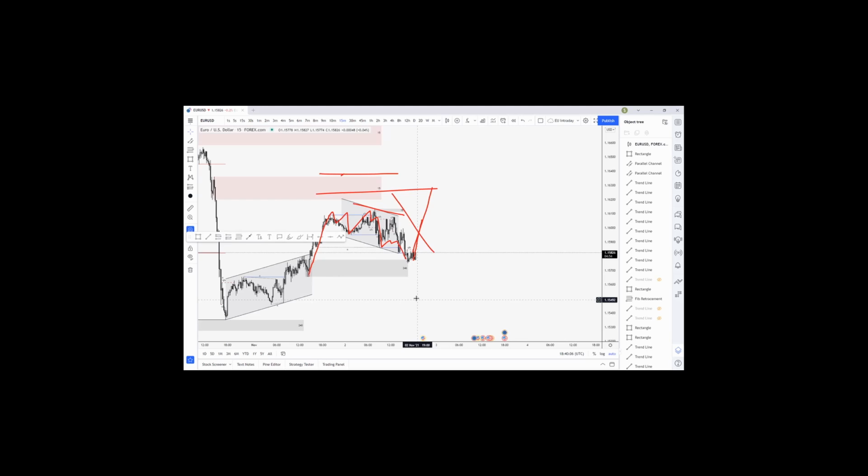I would have expected this to come from something to the left, but we can only play with the information that we've got. 100%. Say you're in shorts from here, and this hits in session.